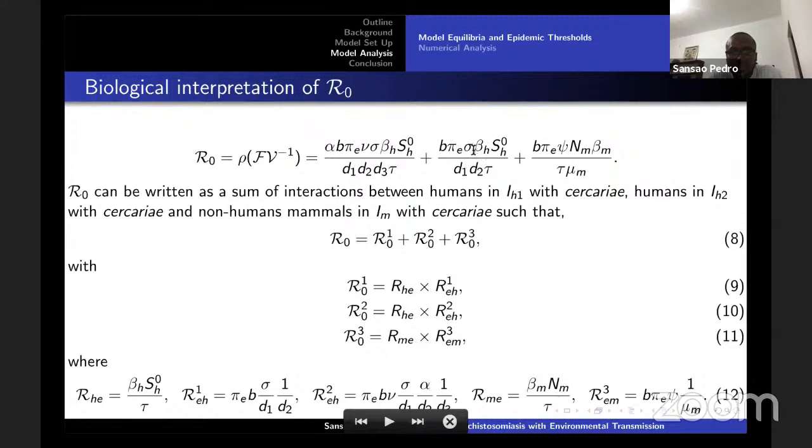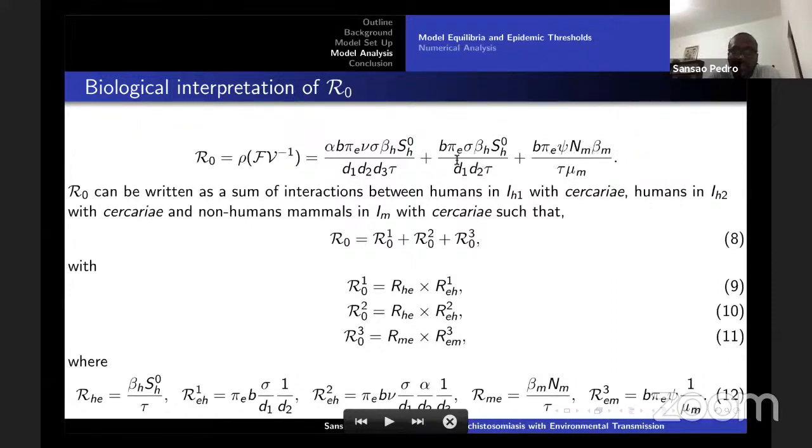Then we have this component, which corresponds to interaction between Cercaria and infective humans in compartment IH2. And at last, we have this expression, which corresponds to the R naught of the interaction between Cercaria and the non-mammalian host.